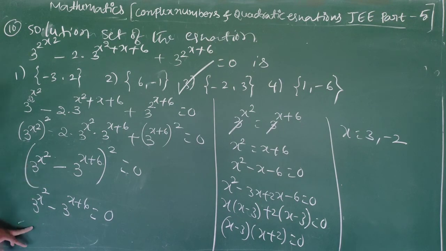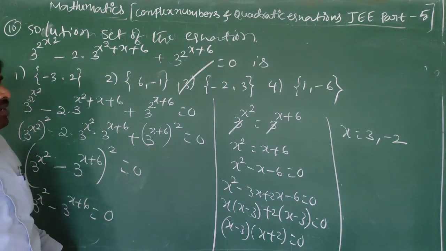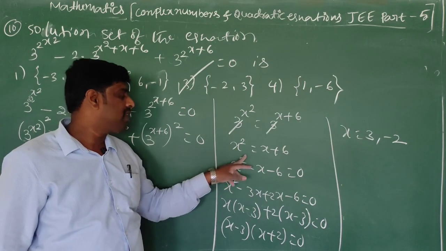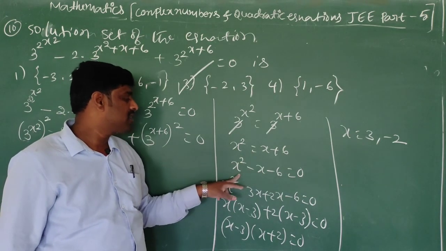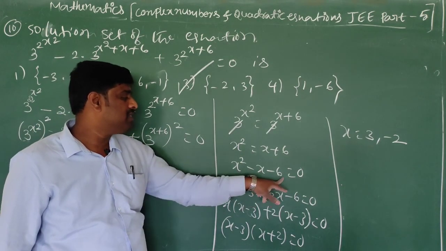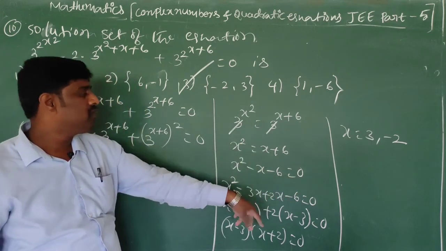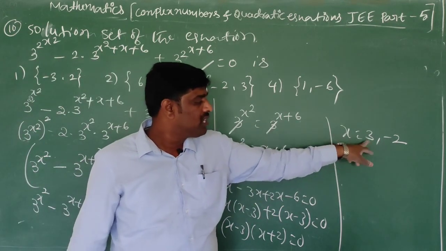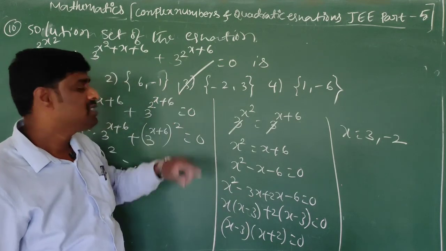So 3 to the power of x square is equal to 3 to the power of x plus 6. The 3s get cancelled. x square is equal to x plus 6. x square minus x minus 6 is equal to 0. Solving this equation, we get roots 3 and minus 2.